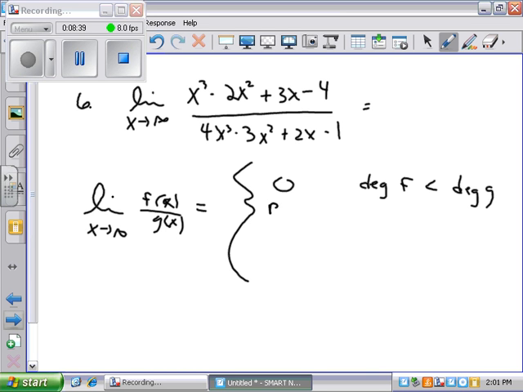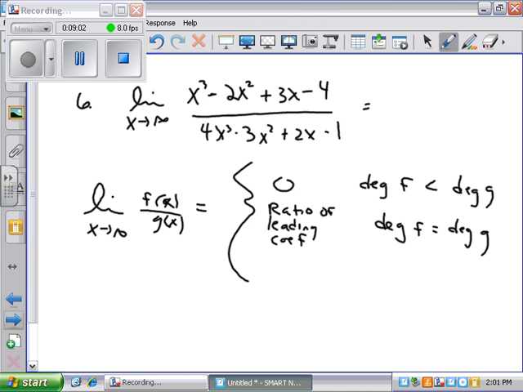It equals the ratio of the leading coefficients when the degrees are the same. What do you mean by degree? The degree is the highest power of x. In other words, the degree of this numerator is 3.